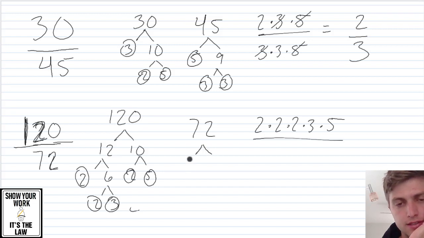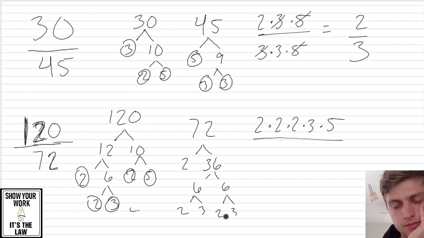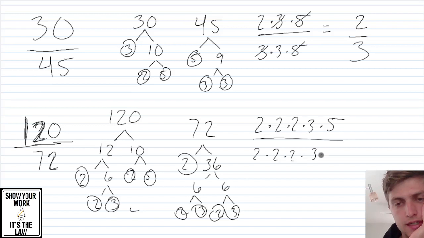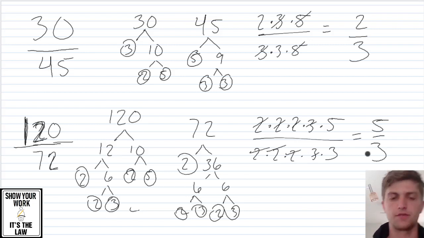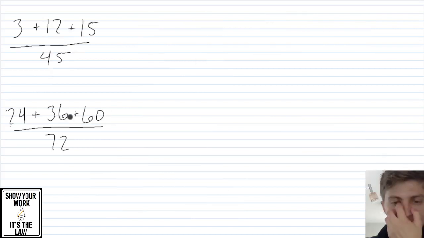We know it's even, 2 times something, 36. 36 is 6 times 6. And then we've got a 2, 3, and a 2, 3. So we've got 2 times 2 times 2 times 3 times 3. Cancel, cancel, cancel. We're left with 5 over 3. Perfect.